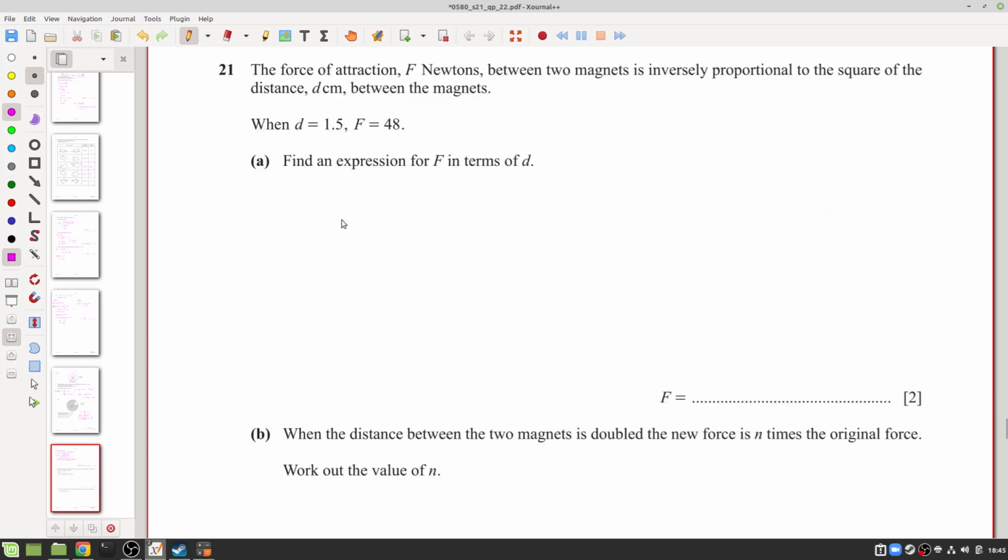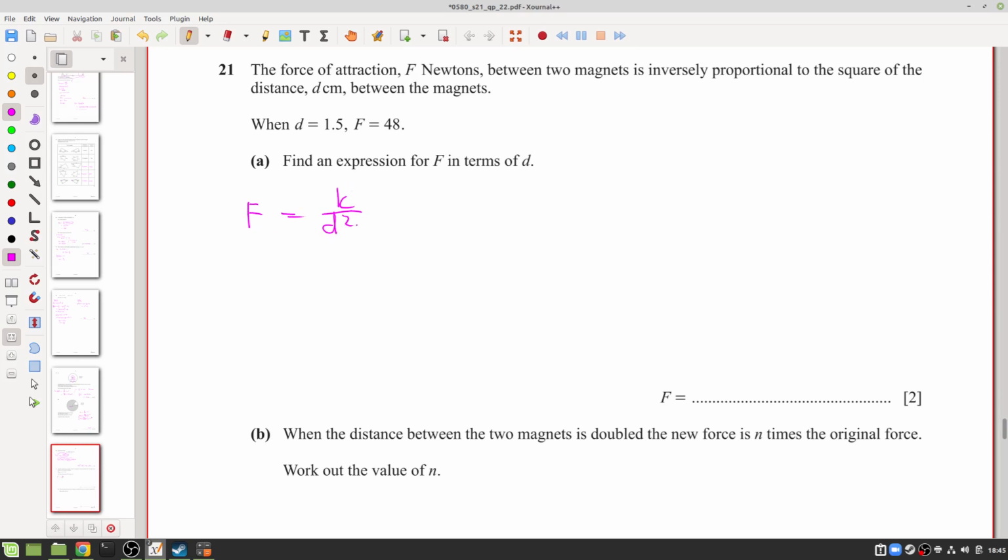Okay, the force of attraction F newtons between two magnets is inversely proportional to the square of the distance d between the magnets. Find an expression. Okay, so F is inversely proportional to the square of the distance d. So that's for inverse, we've got k over.